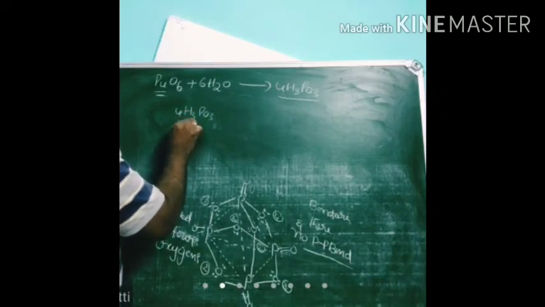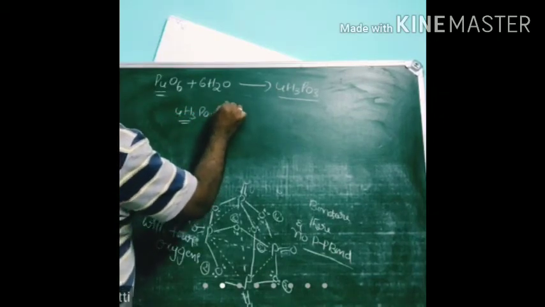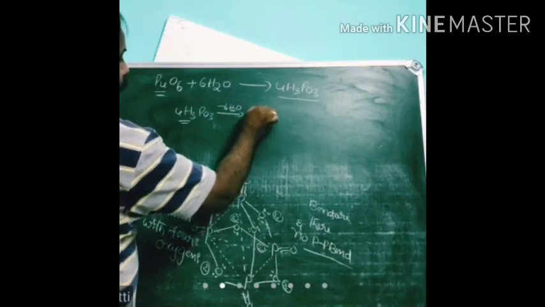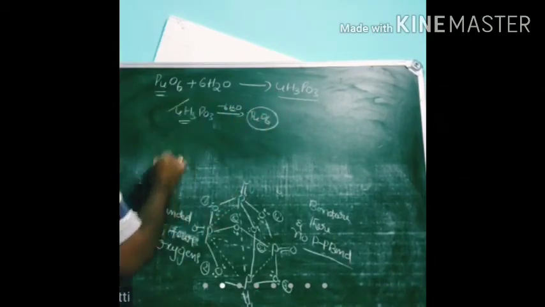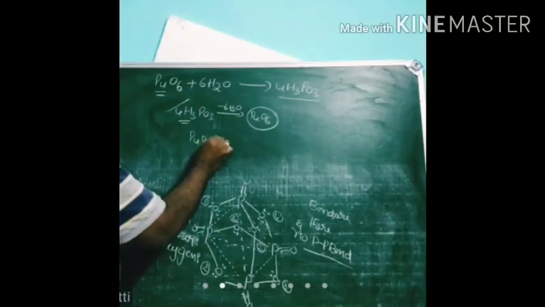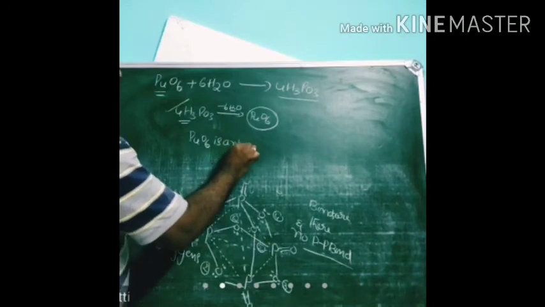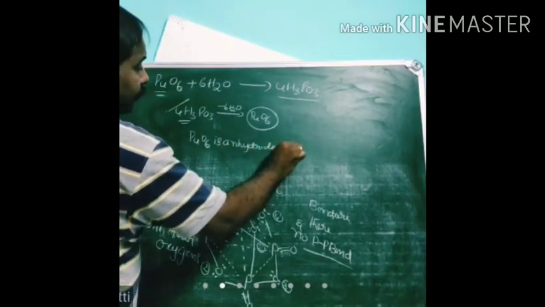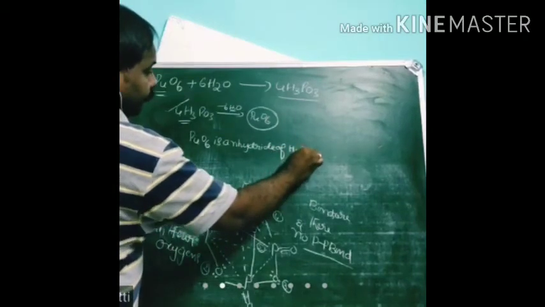If you take 4 moles of H3PO3 and remove 6 water molecules, then you will get P4O6. So P4O6 is the anhydride of H3PO3.